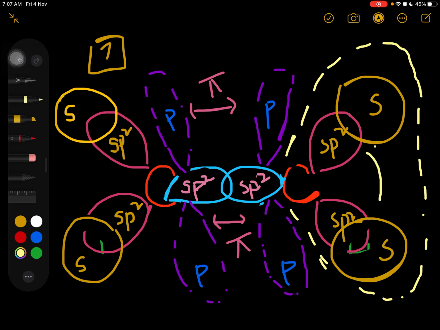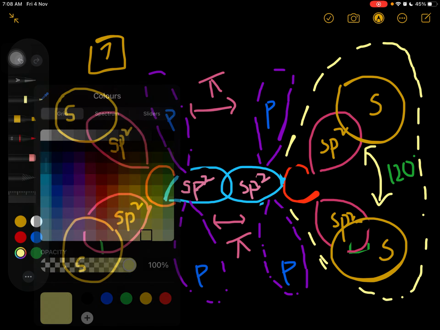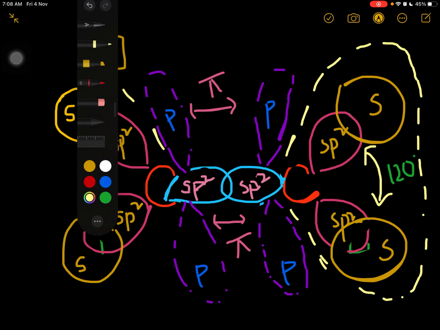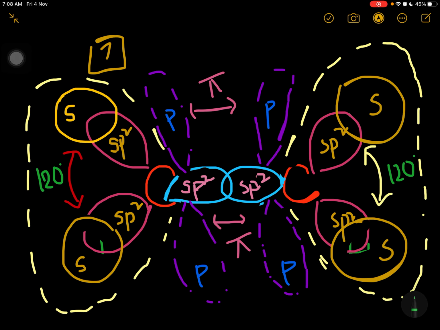Now here, see the angle over here is 120 degrees. The angle over here is 120 degrees, and the same in terms of this. Here you can see easily that it's like this, and here the angle forming is 120 degrees. So the angle is 120 degrees over here, right?